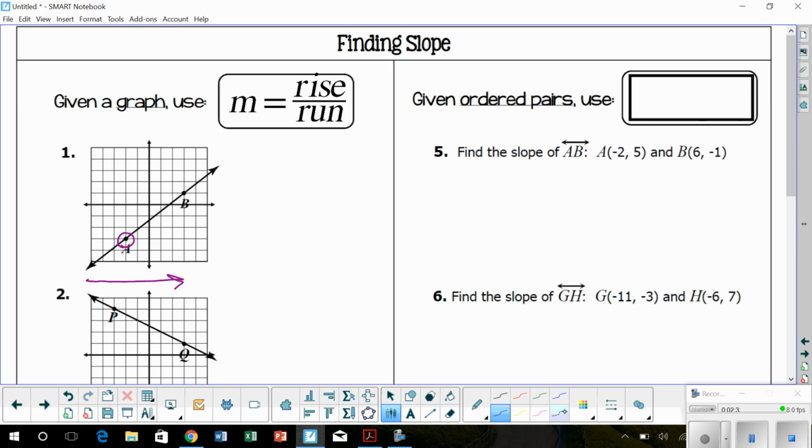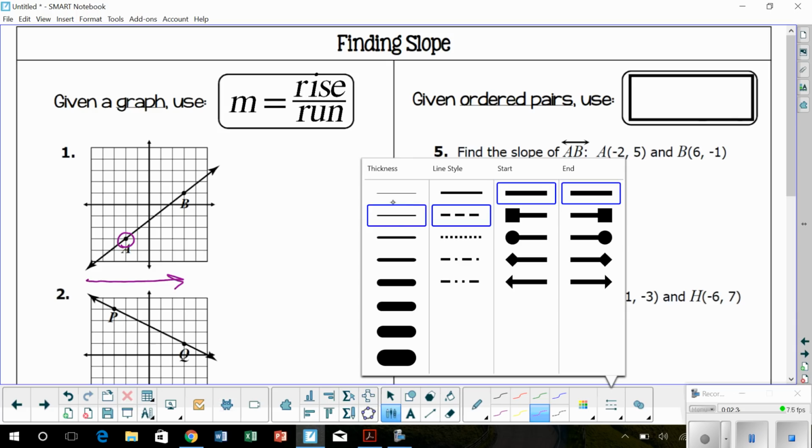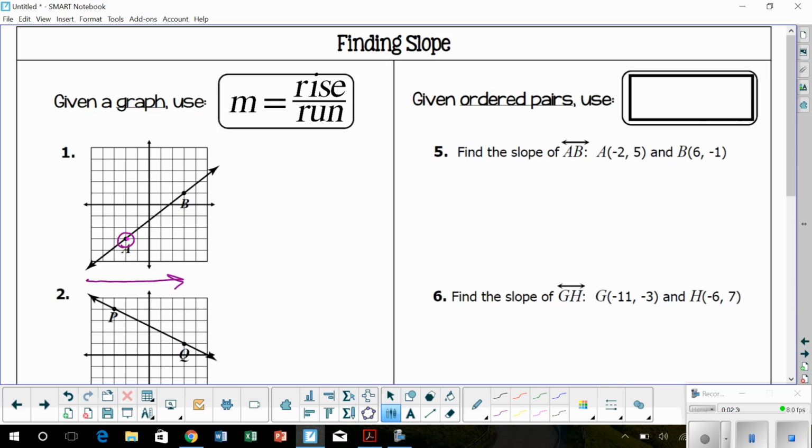How do you do that? We're going to go up 1, 2, 3, 4, and then over to the point, 1, 2, 3, 4, 5.